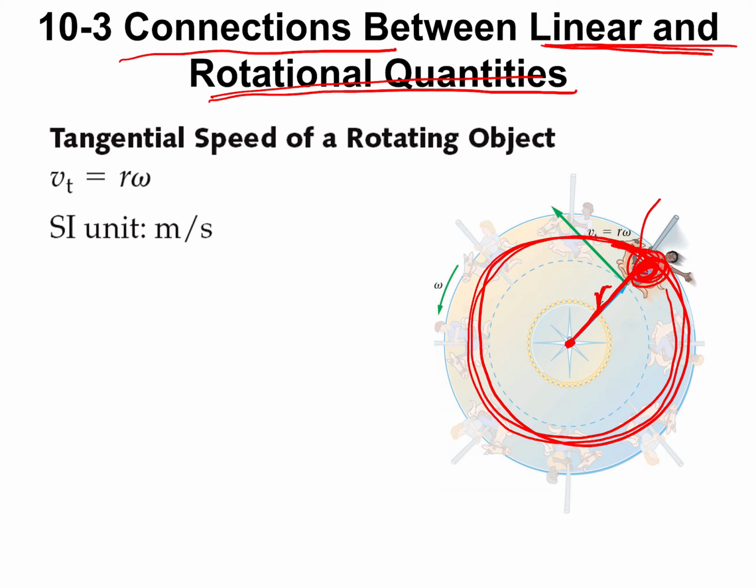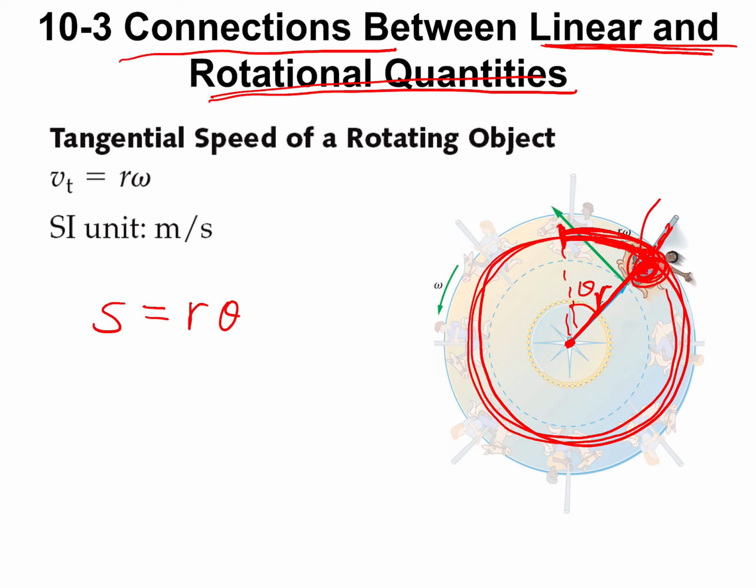So this guy travels an arc length s. Suppose he starts from here and goes to here. This arc length is the real distance he travels, and arc length equals r times theta.